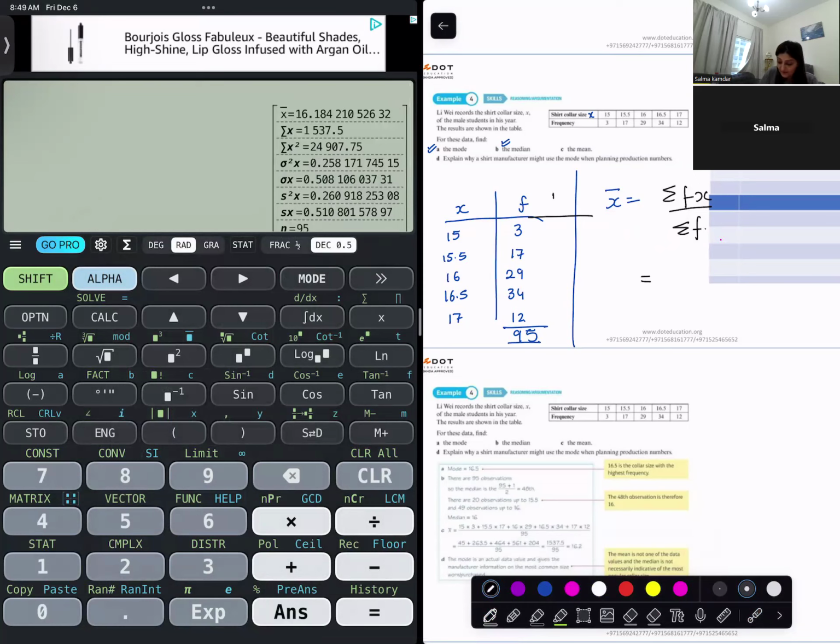So sum of fx is denoted by summation x in your calculator, that is 1537.5. And sum of f is your total number of observations, which is 95. So your mean is 16.184.